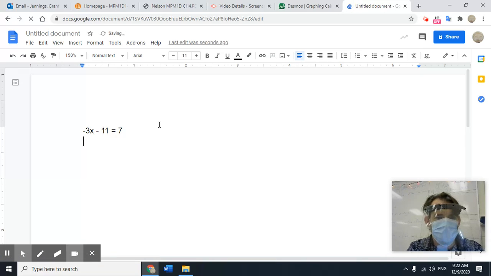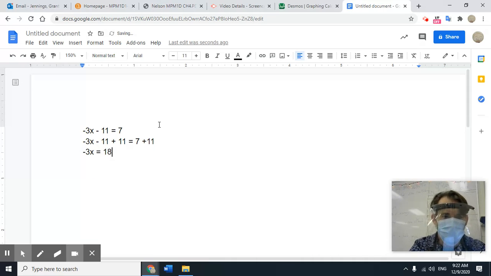Okay, so to do this one, I'm going to add 11 to both sides. Okay, and now I have minus 3x is equal to 7 plus 11, which is 18.